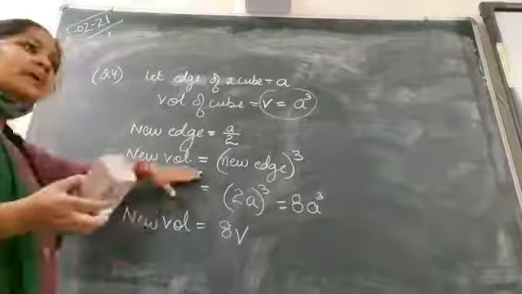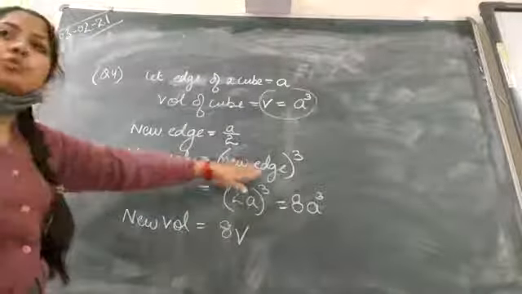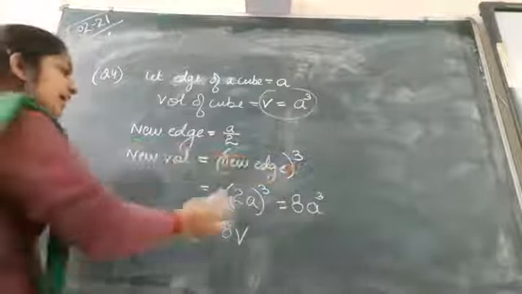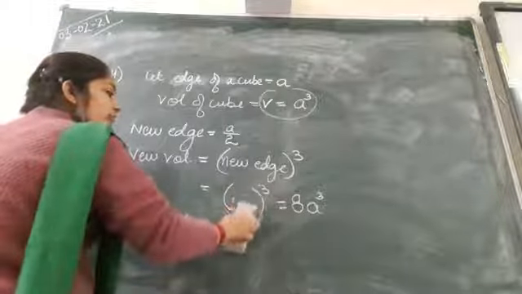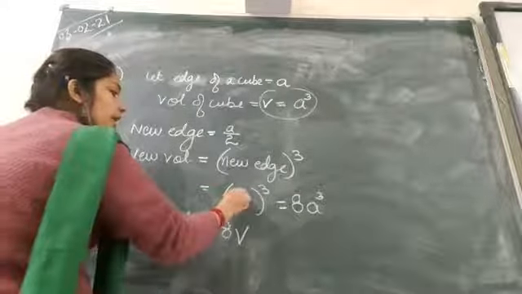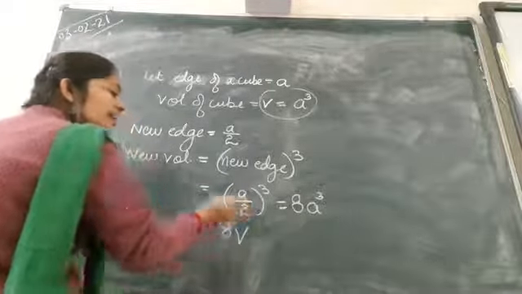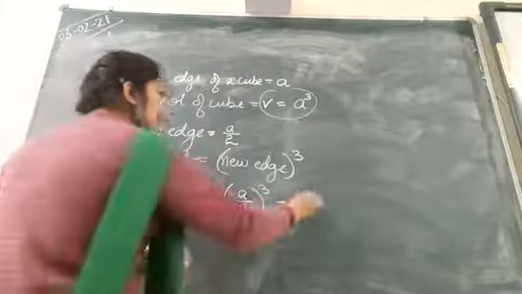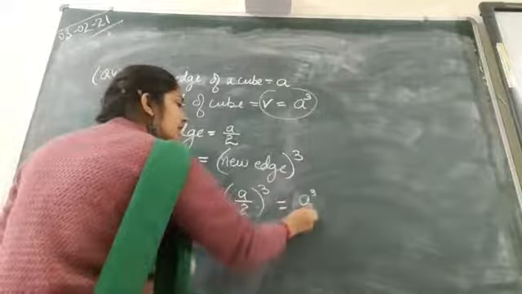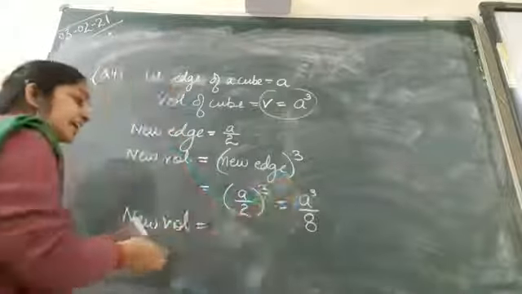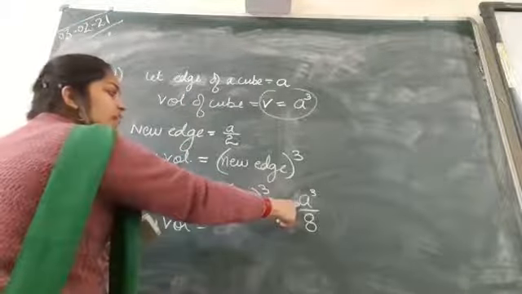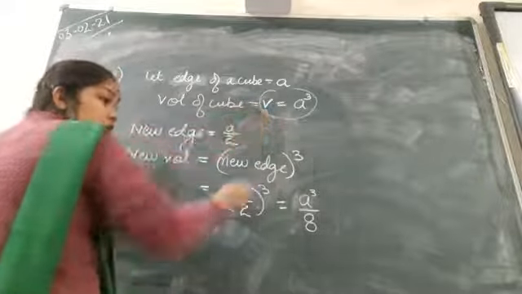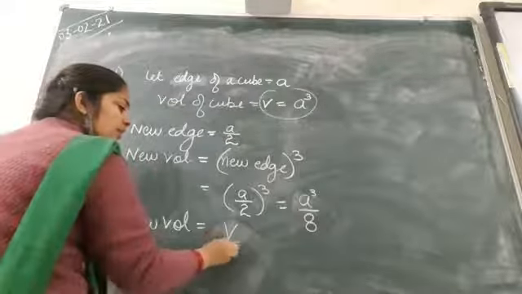So formula remains same. New volume is equal to new edge cube. And here in place of 2A, I will write A over 2. Right? So you will get A cube over 8. And then I will again replace this A cube with V, original volume, over 8.